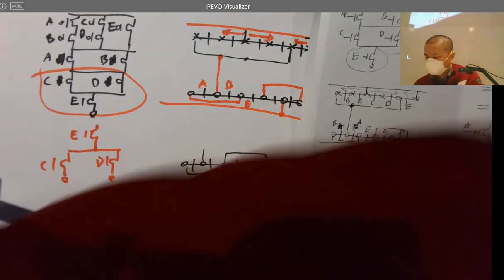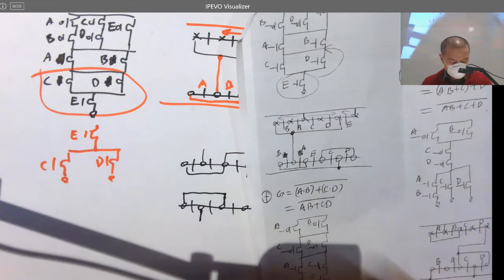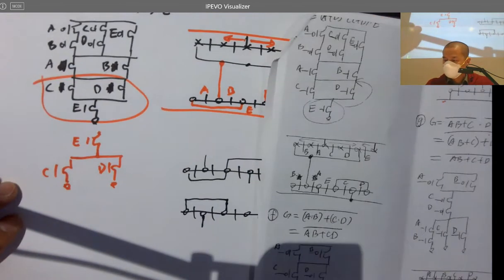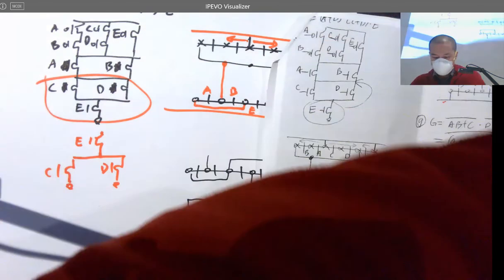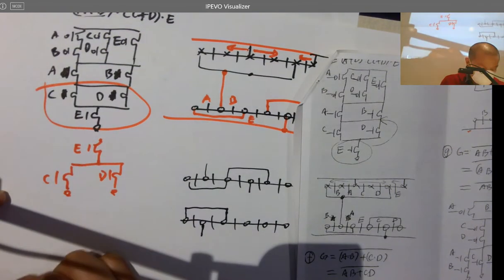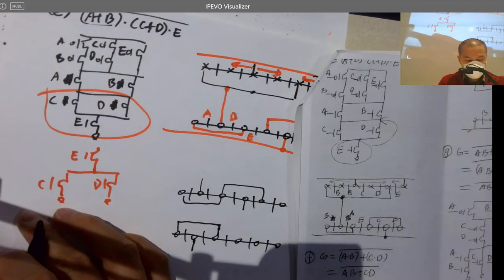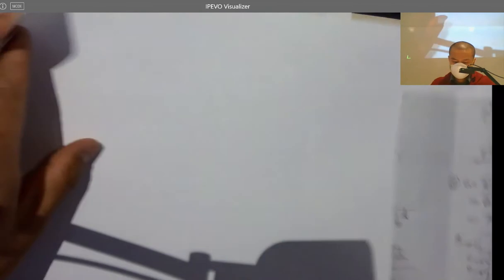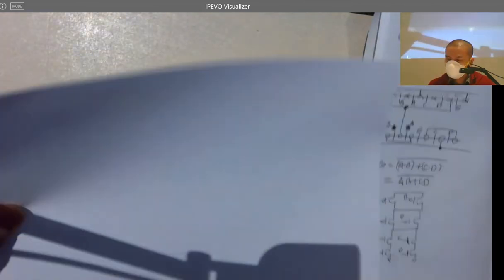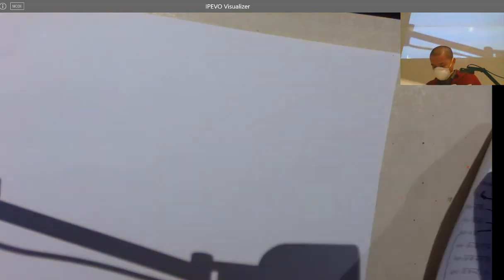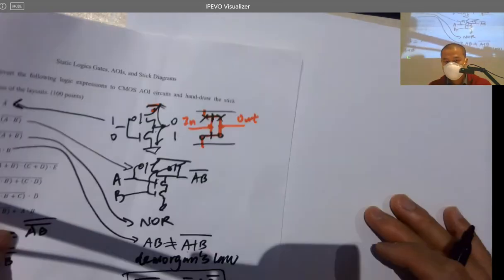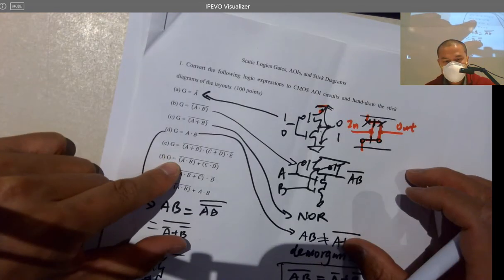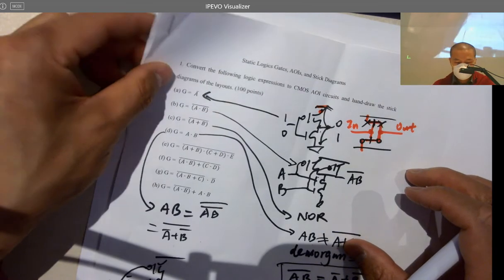Okay. So the next one, yeah, this looks a lot easier.